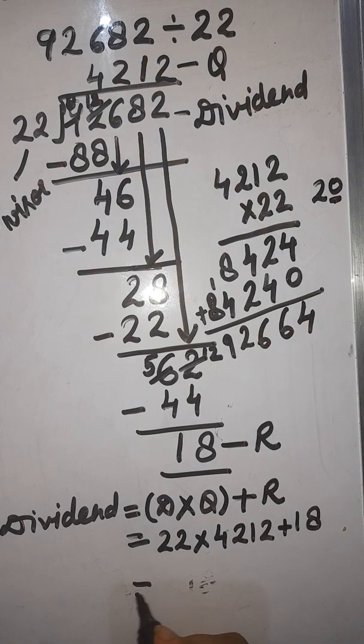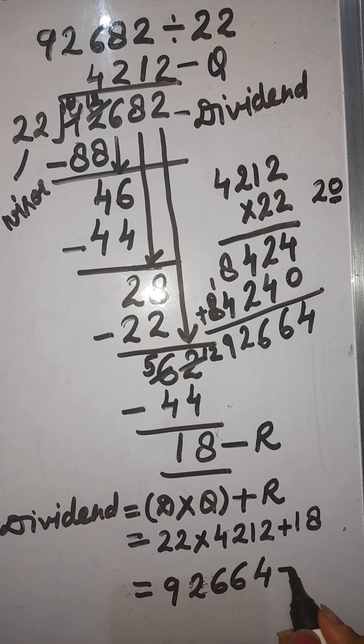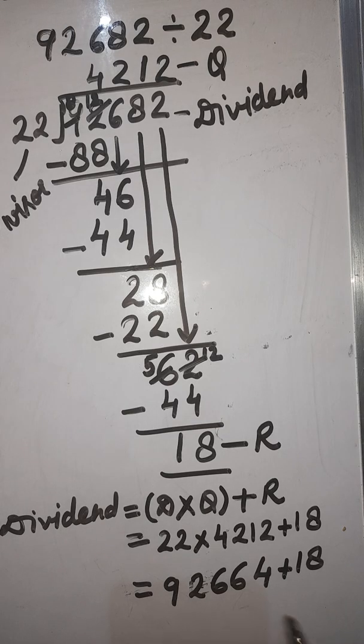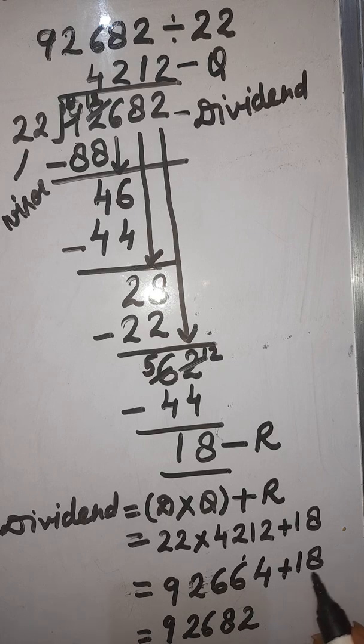So we'll get here 92,664 plus 18. Now we'll add both the numbers. 8 plus 4, 12, 1 carry, 6 plus 1, 7 plus 1, 8, 6 as it is, 2 as it is and 9 as it is. We have only 2 numbers here, so we added them to 64.